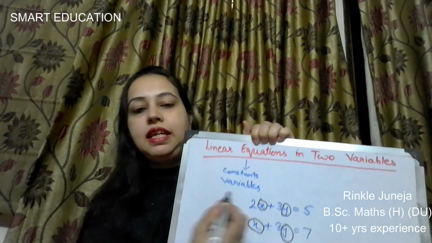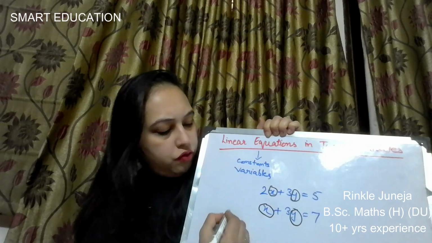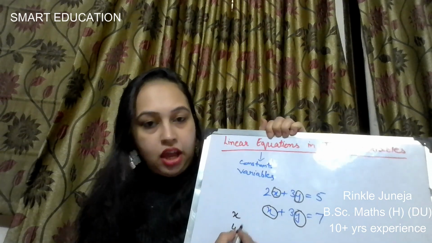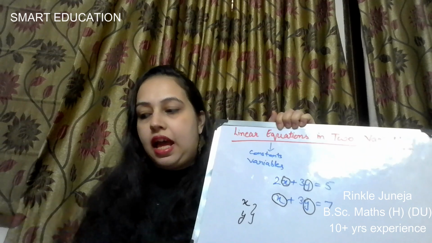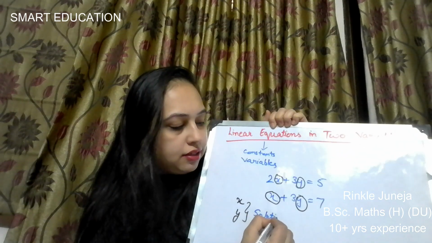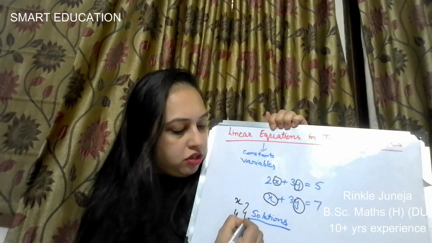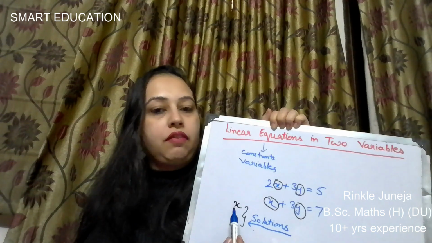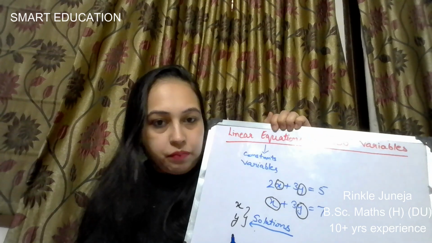Now when we solve these equations, we get some value for x and some value for y. These values which we get are called the solution of these linear equations. So when we talk about the solutions, that means the values of x and y. Now there are two ways to find the solution of the given linear equations.